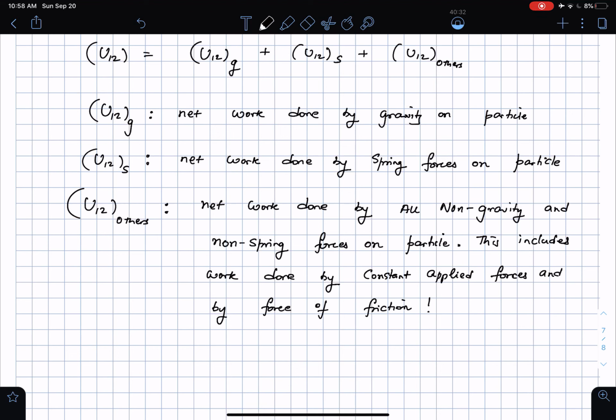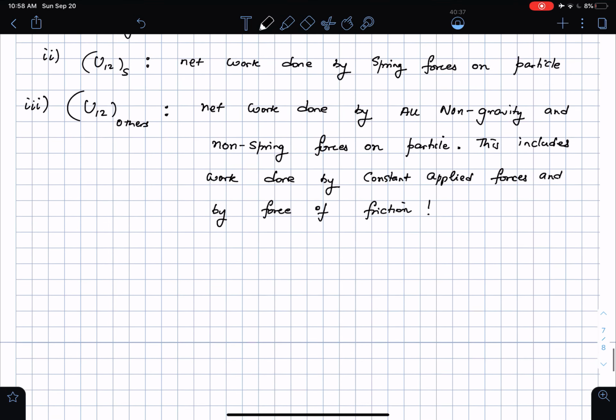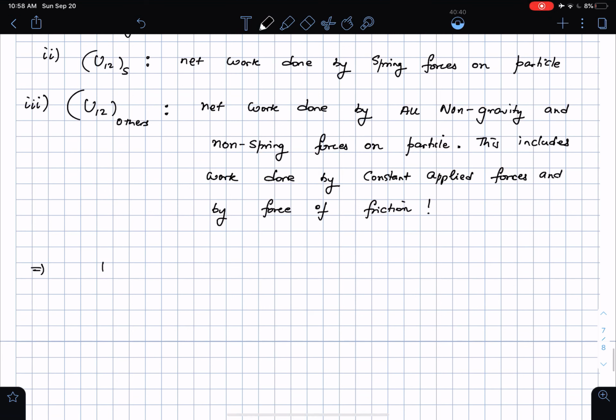So this is number 1, number 2, and number 3. So I go back to my work energy theorem, which implies that U1 to G, U1 to S, and then U1 to others is equal to KE2 minus KE1.